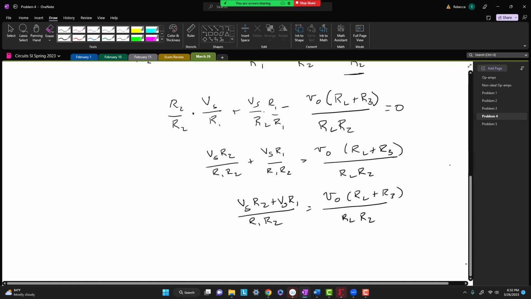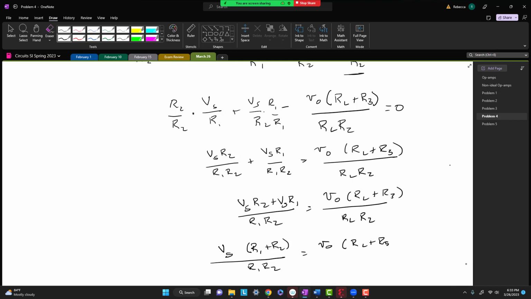Alright, now I can factor my VS out of the top there. So I have VS times R1 plus R2 over R1 R2 equals V out times RL plus R3 over RL R2.